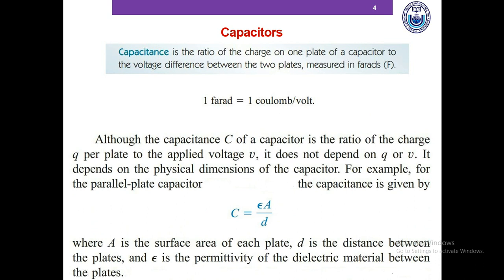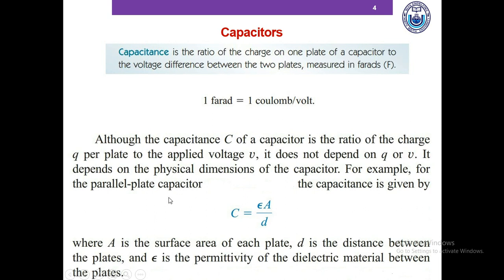Even though the amount of charge deposited in the plates depends on the voltage, the capacitance itself does not depend on the charge or voltage. It depends on the physical dimension of the capacitor. So however high or low voltage we apply across the capacitor plates, the capacitance doesn't change, but the Q changes. For a certain capacitor, the capacitance C is constant.